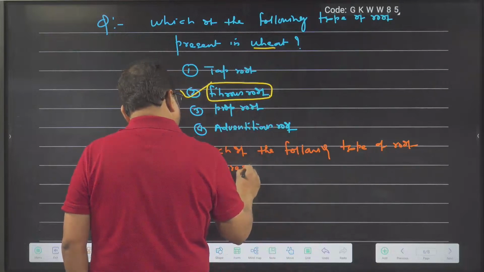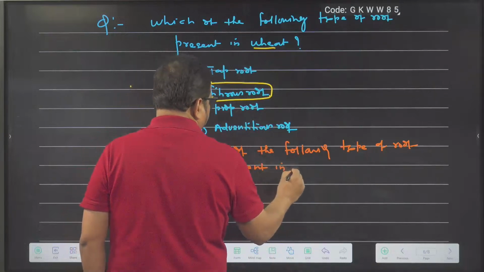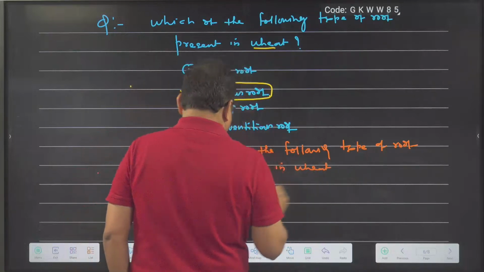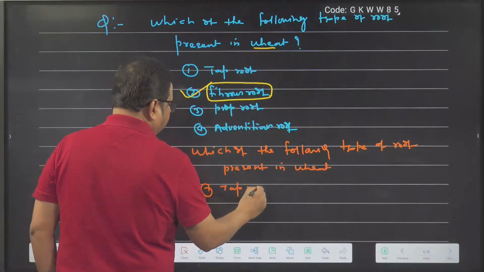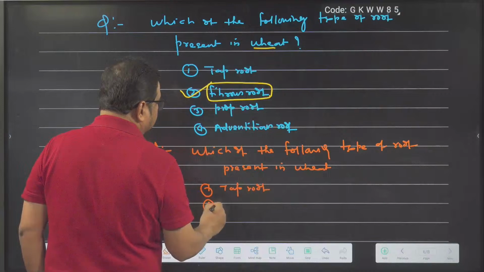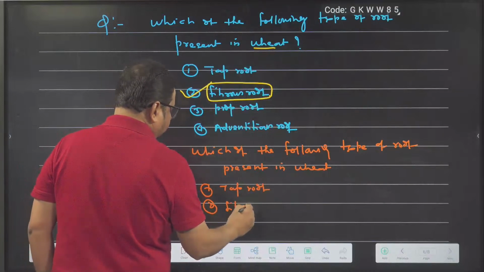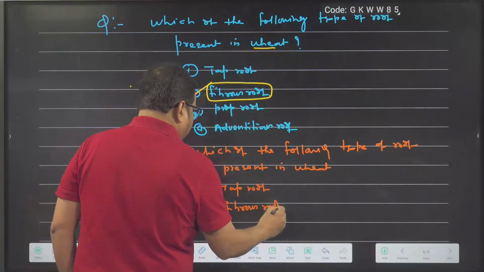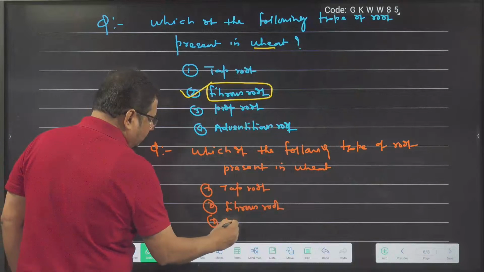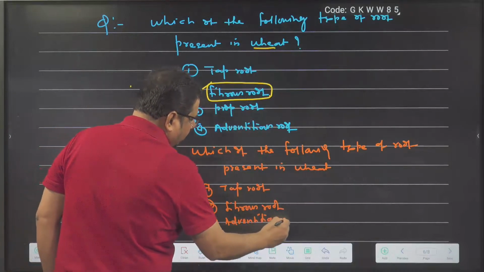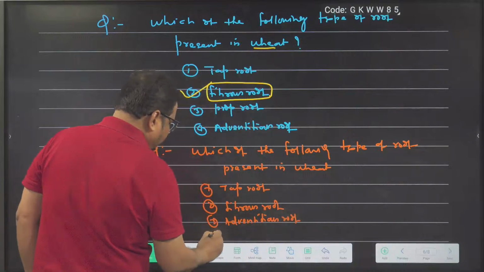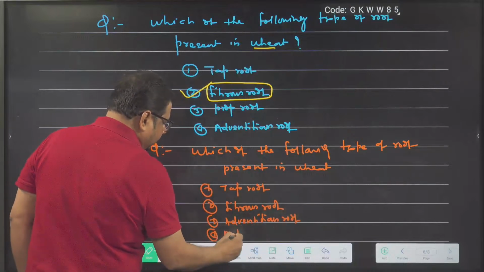I am just writing a copy. First option, taproot. Second option, fibrous root. Third option, adventitious root. And fourth option, both 2 and 3.